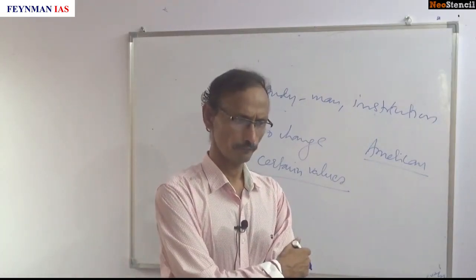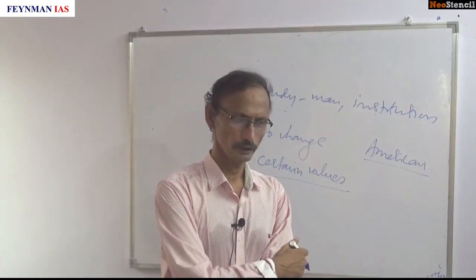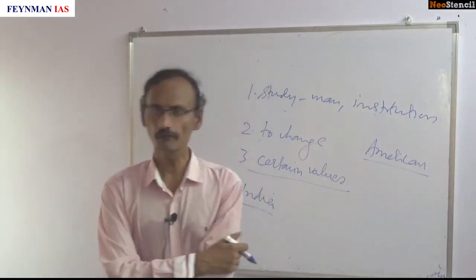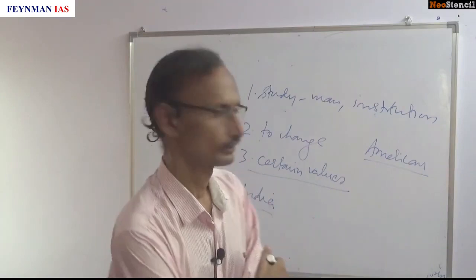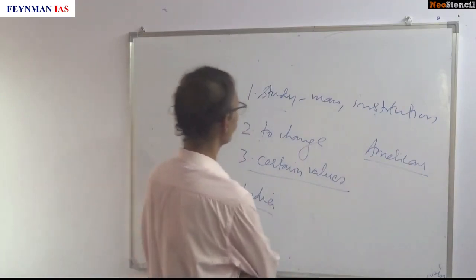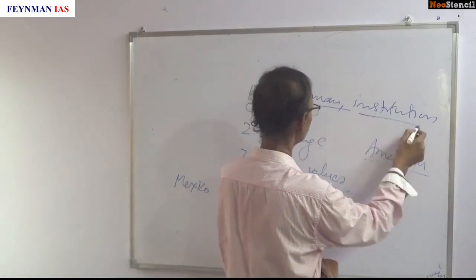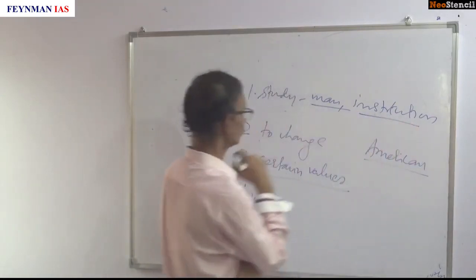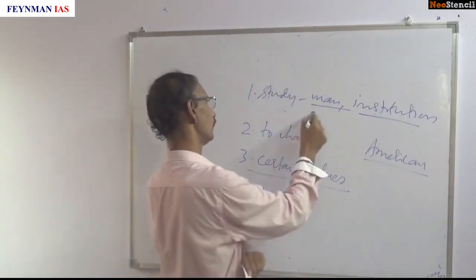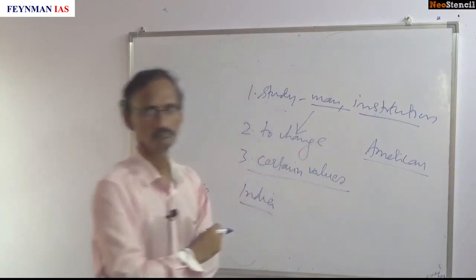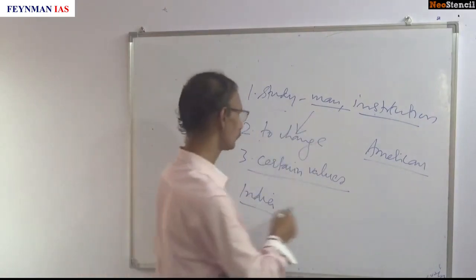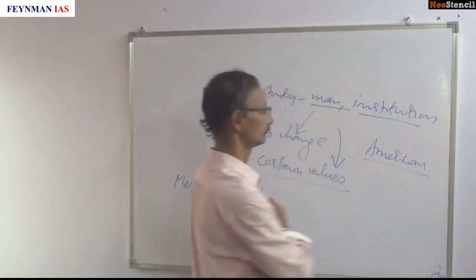But then, there is no one way of looking at a society. There is no one way of understanding man or his institutions. There cannot be consensus on how to change, consensus on what the values are.